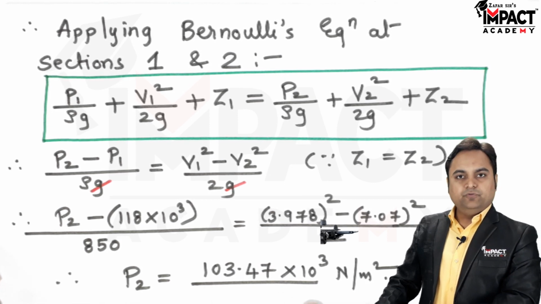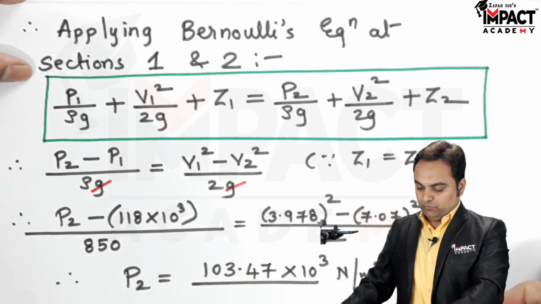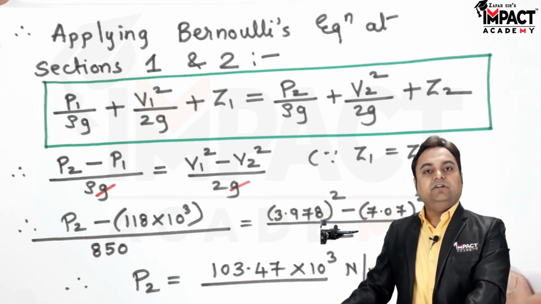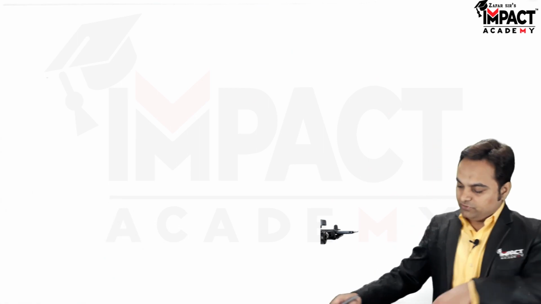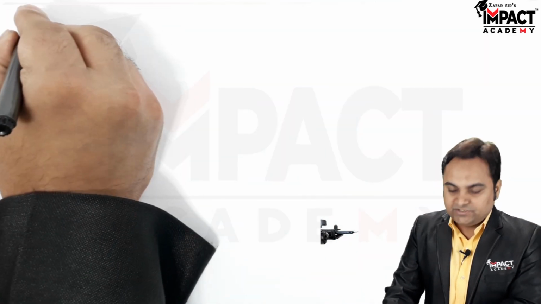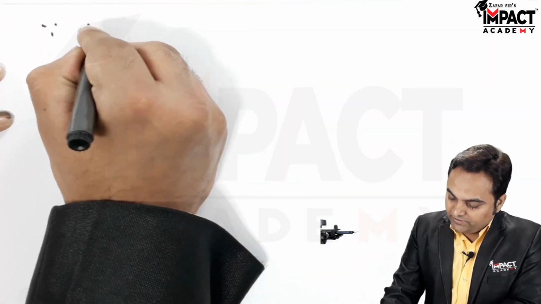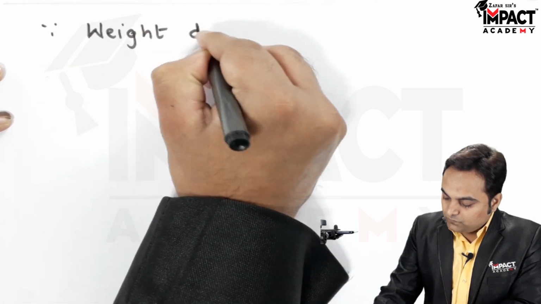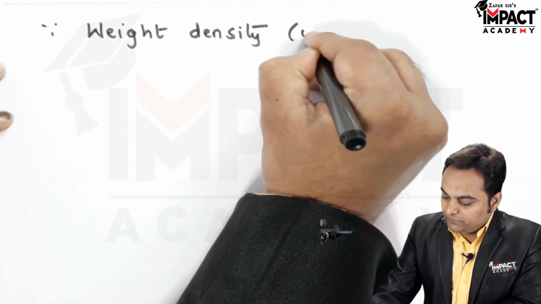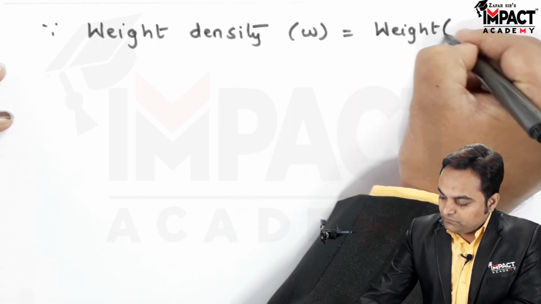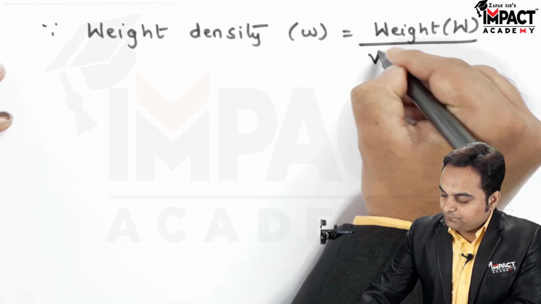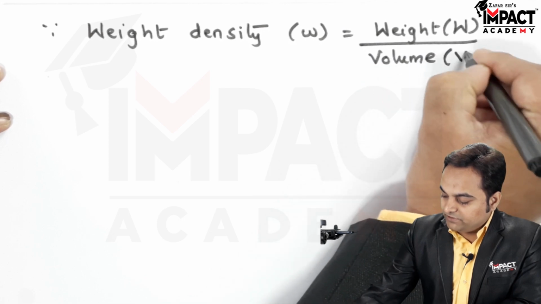Now after getting P2 value, the next unknown which I need to find here is the weight of the oil, and that has to be calculated from the volume of the bend. So I can say that we know the relation that weight density of any liquid is equal to weight of that liquid, denoted by capital W, upon the volume of that liquid.